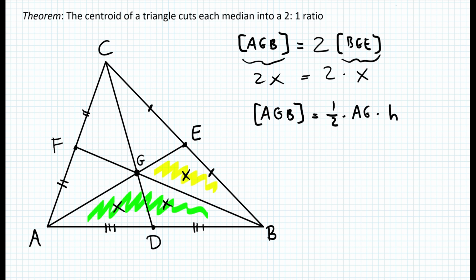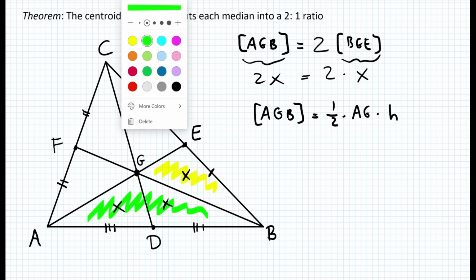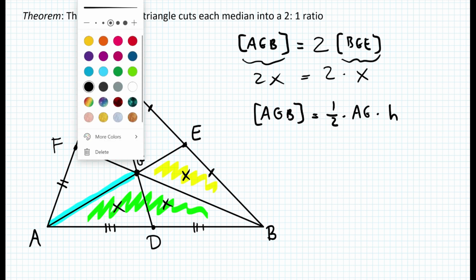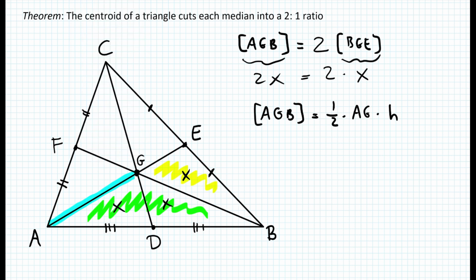I know it seems a little bit confusing, but let me highlight this a little bit. So we have a base here, that's the base AG, if you can see it. And now the altitude, it seems a little strange, but the altitude is located here. So let's say you extend this line like this, okay? And the altitude is perpendicular to the base AG, okay?